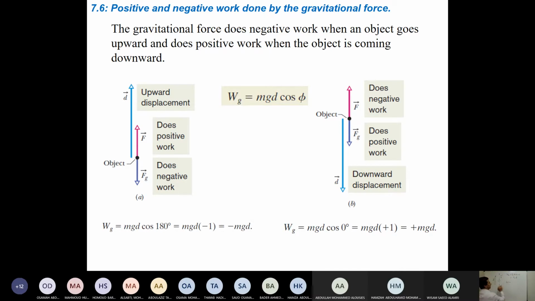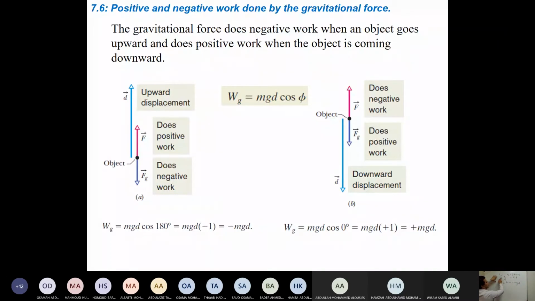Another one is the gravitational force. We know the angle between them is 180, which we did in the previous slide, and therefore the work done is minus mgd. But if I'm moving this downward, let's say by a displacement d1, the angle between d1 and the applied force is 180, and the angle between d1 and mg is 0.